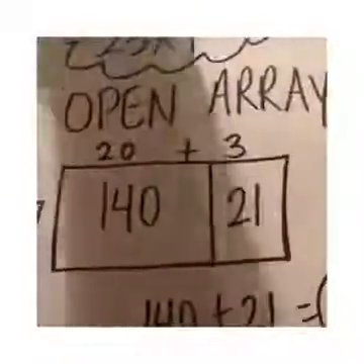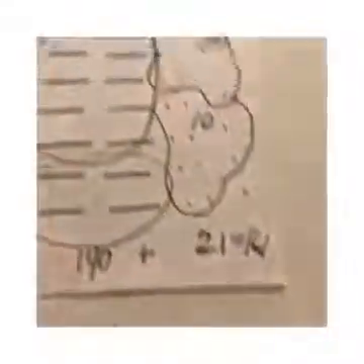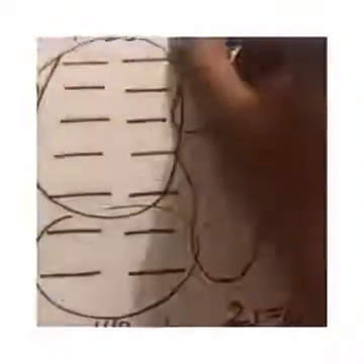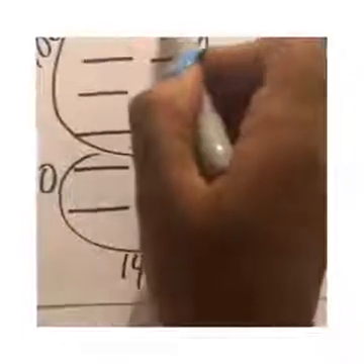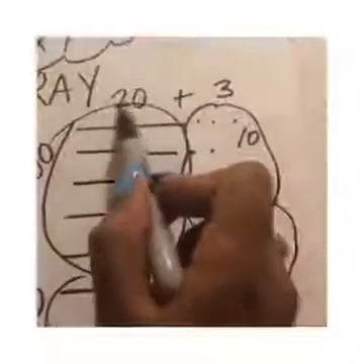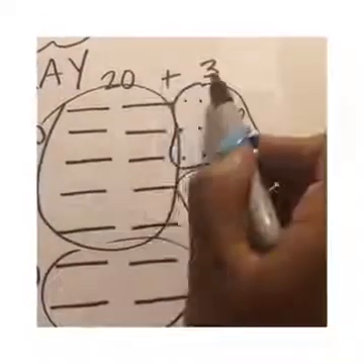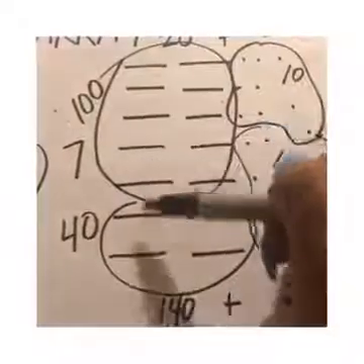And I want to show you the connection. This is the array we just did. This row is 20 because there are 23 in each row. There are 2 tens, which is worth 20, and then 3 ones, so 23. And then there are 7 rows: 1, 2, 3, 4, 5, 6, 7.